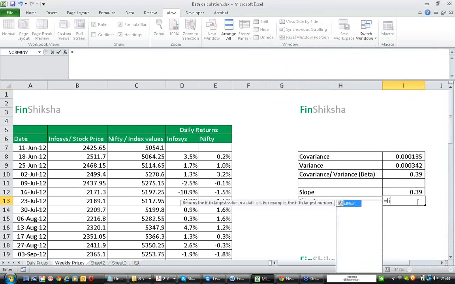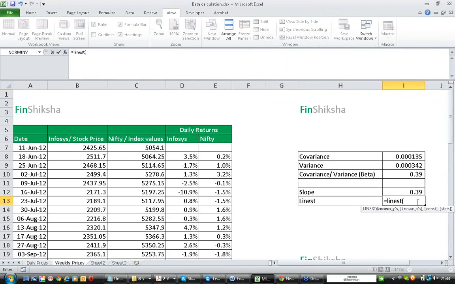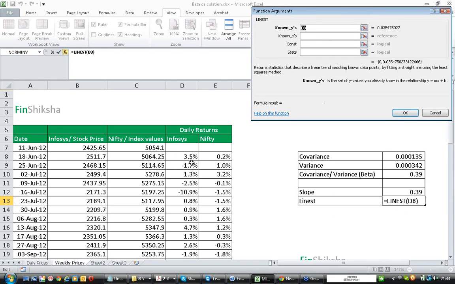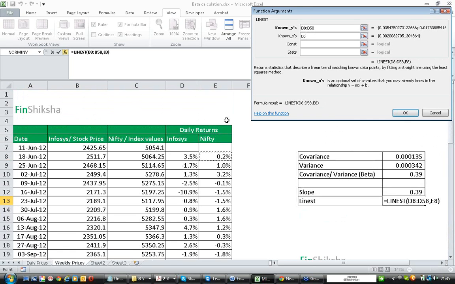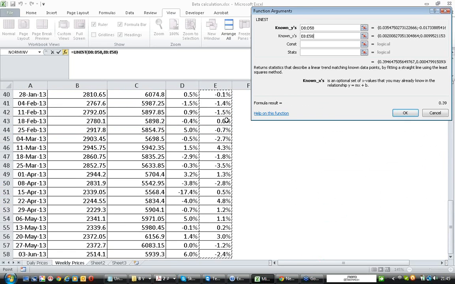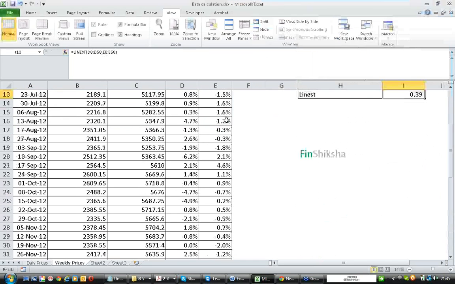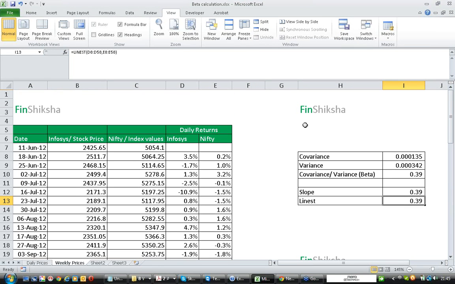Similarly, we can use LINEST function. Known y's, which are stock returns, known x's, which are market returns. Leave the other arguments empty. Enter, and you get 0.39 as beta. So this is how we need to calculate beta.